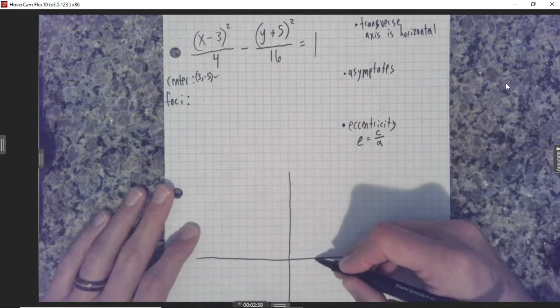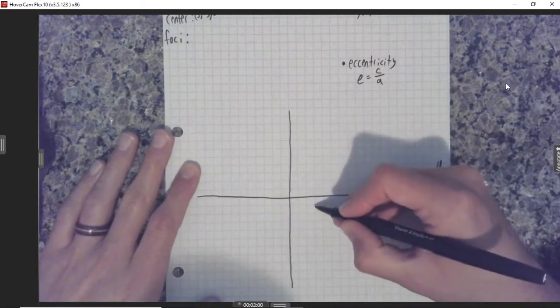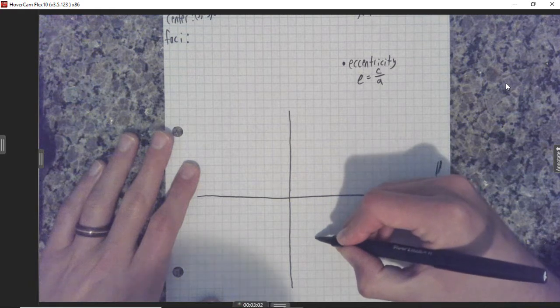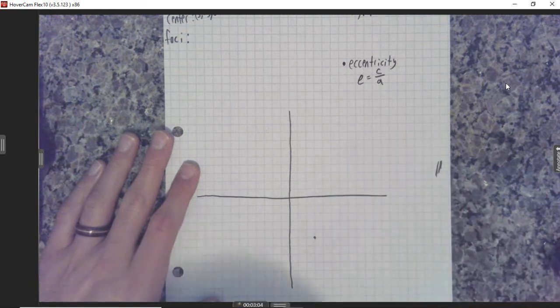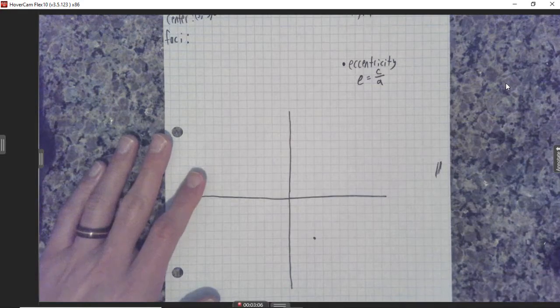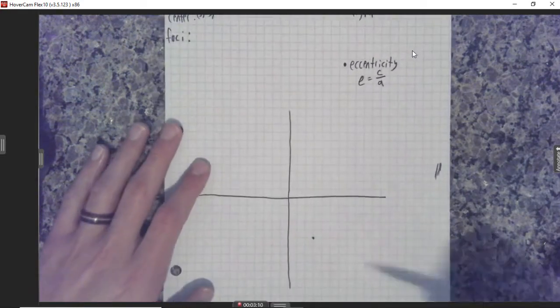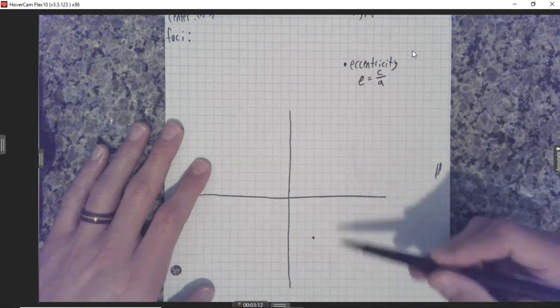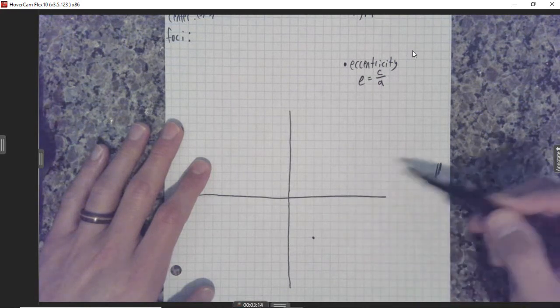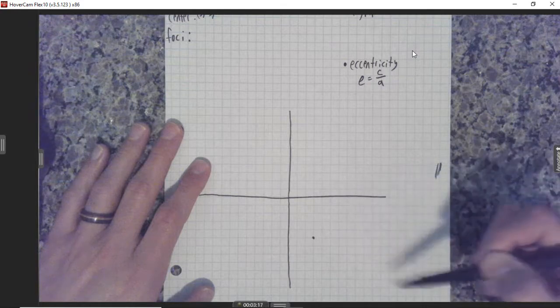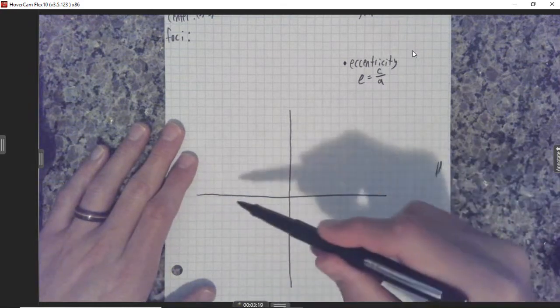So 3, and then we're going down negative 5: 1, 2, 3, 4, 5. That's your center. Now we've got to remember that the transverse axis is horizontal, so you're going to have a hyperbola that looks something like this. You've got your little arc there, and then your arc over here.